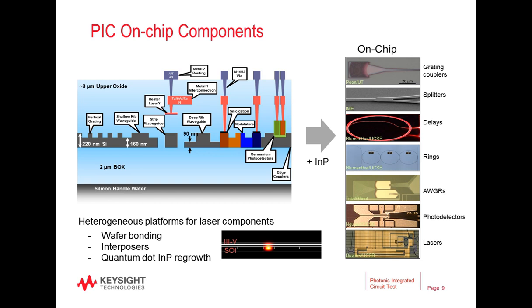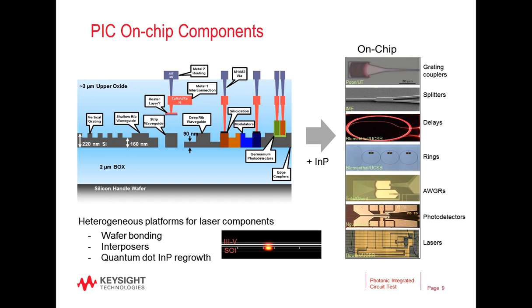You can make grating couplers, splitters, delay lines. In some cases, those delay lines can be meters long. Rings, waveguide grating routers, photodetectors, and lasers. And so we have a whole set of options there, components that we can put on a wafer.